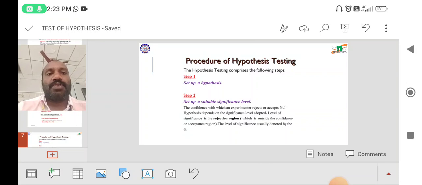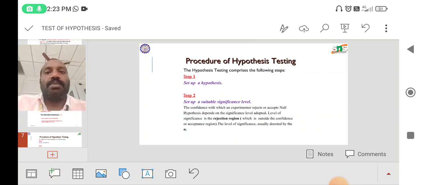The procedure of hypothesis testing has step 1: set up a hypothesis and set up a suitable significance level. This is very important.